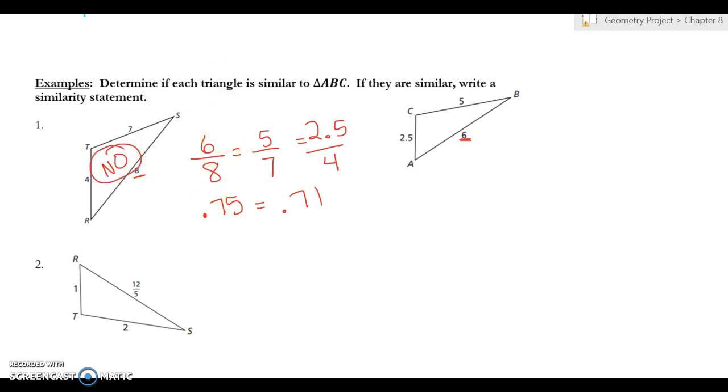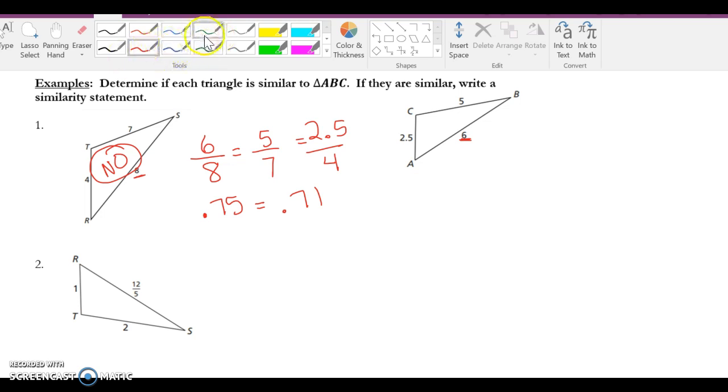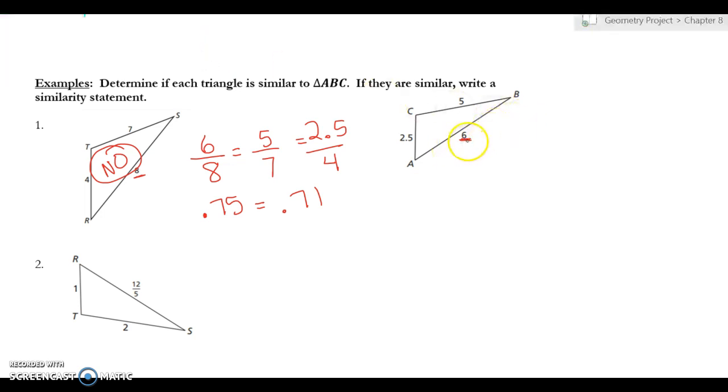Okay, so now we're going to go to the next one. And the next one I'll choose green. Same thing, I need to pick my biggest side, which is 6. Now, I can't tell what the biggest here is. Let's turn that into a decimal so that we know. 12 divided by 5 is 2.4. So that's the biggest side. Then my next biggest side is 5, so that's going to go over 2.